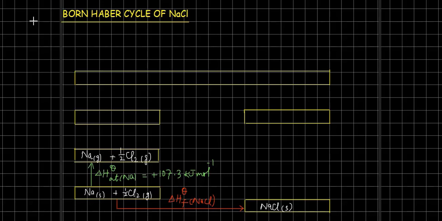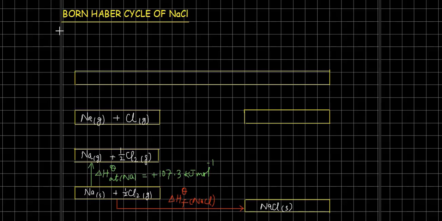In the second step, we are going to change chlorine from its diatomic gaseous state to atomic gaseous state, keeping sodium the same. So chlorine in atomic state.